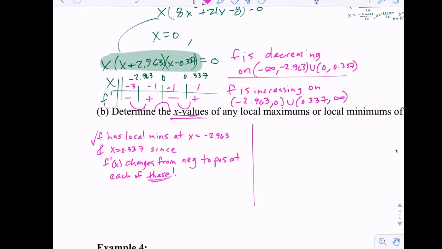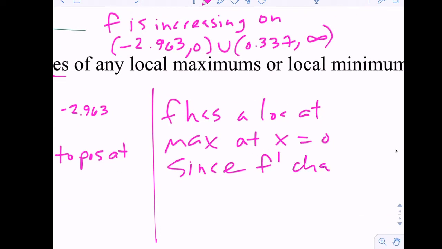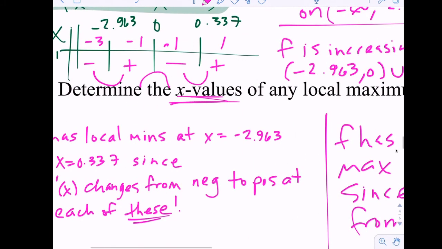Now the other one, f has a local max or a relative max, either one, at x equals 0, since f prime, you don't even need of x, changes from, and just make sure you get it correct, changes from positive to negative.